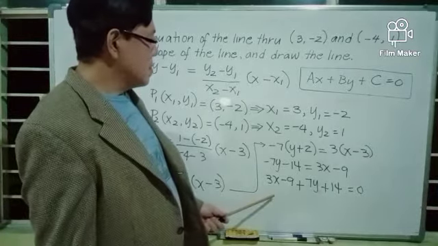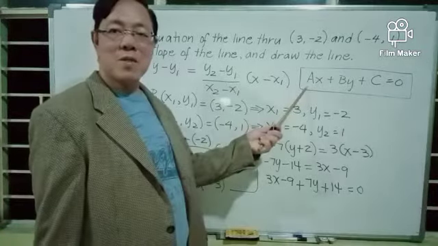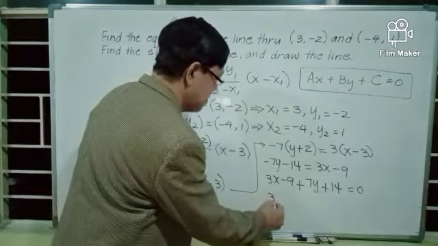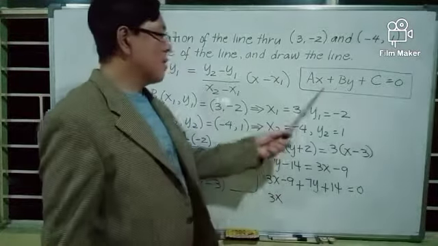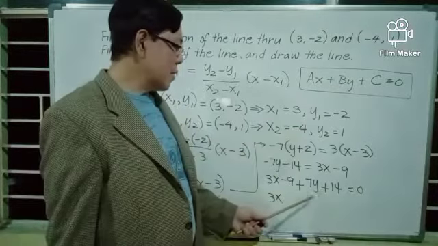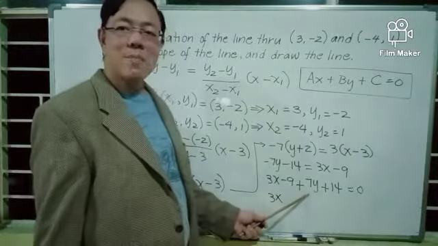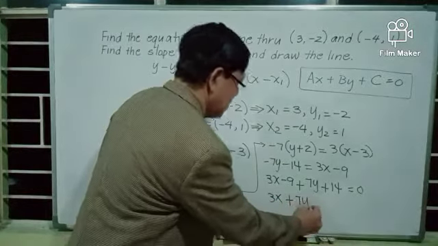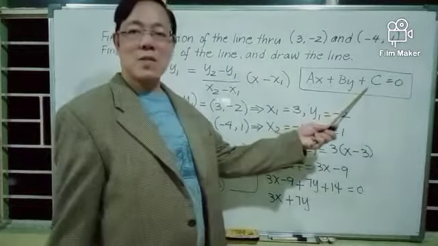Now, the first term in general form is the term containing x, so 3x is our first term, followed by the term containing y. So after 3x, we write plus 7y. And the last term is the constant term.